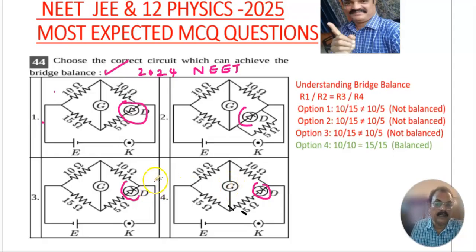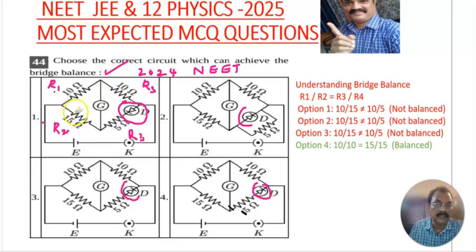I will try to explain it. Try to follow it up to the end of this question's solution. According to the Wheatstone bridge, the balance condition is R1 by R2 equal to R3 by R4. So let us consider this is R1, this one is R2, this one is R3, and this one is R4.